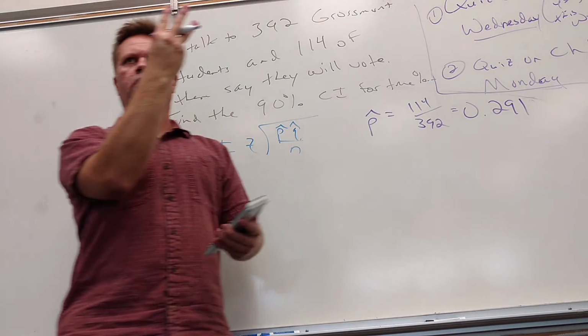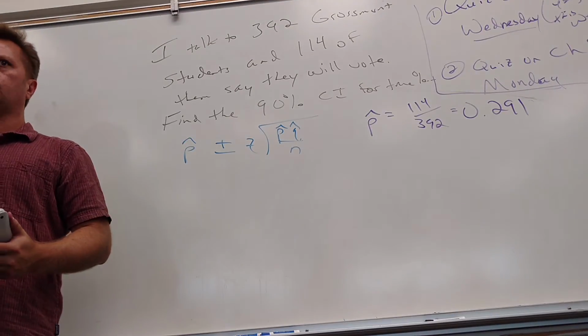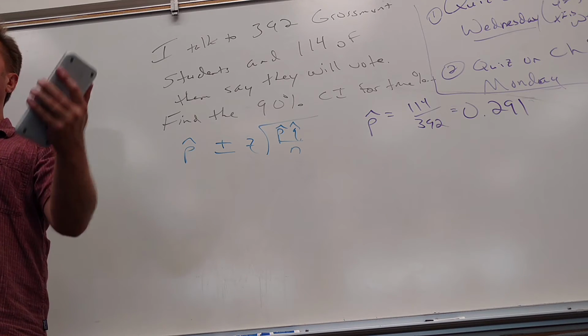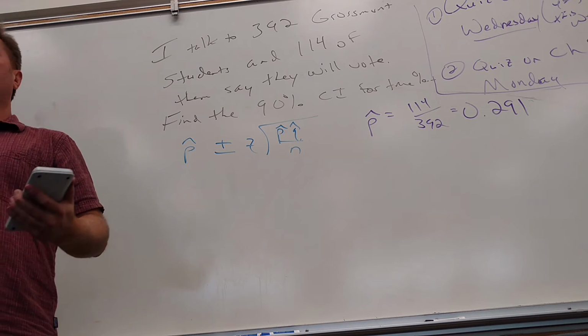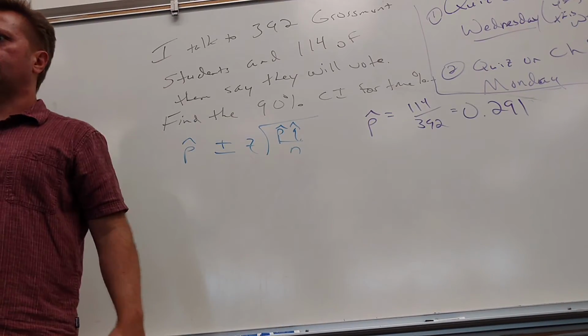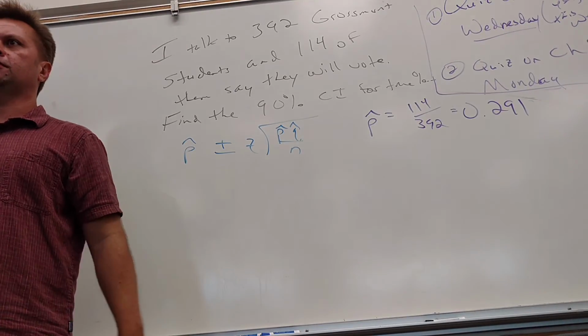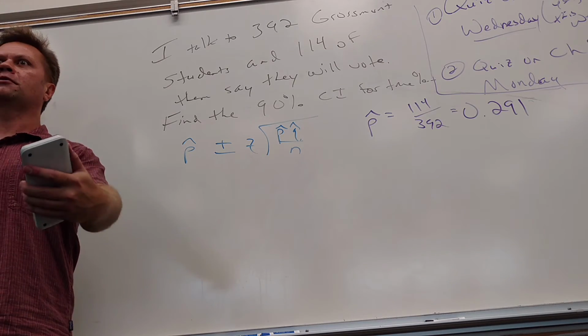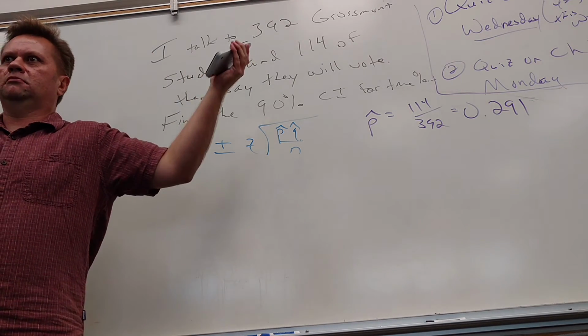So you always go at least 3 places on p-hat. When in doubt, when you forget how far you're supposed to go, go 4 places. That covers everything. If you go more than 3, I'm not going to dock you. If you go less than 3, I will dock you points.